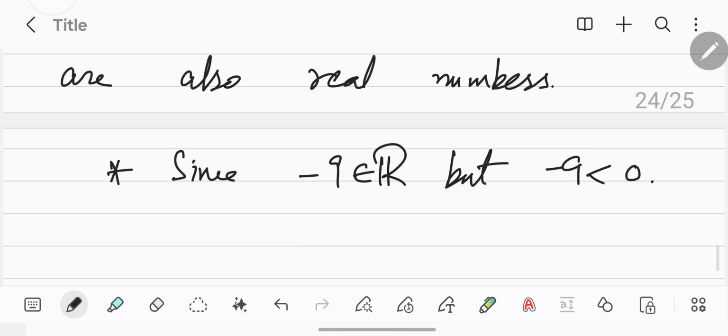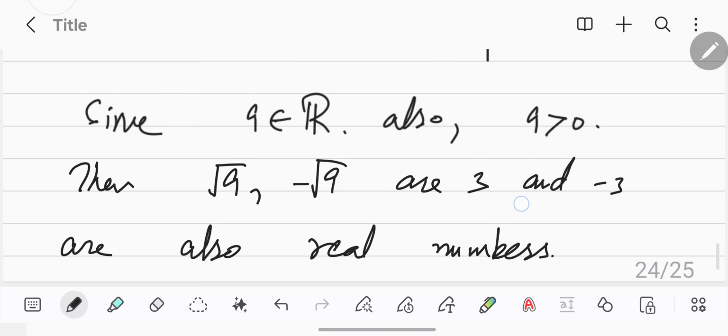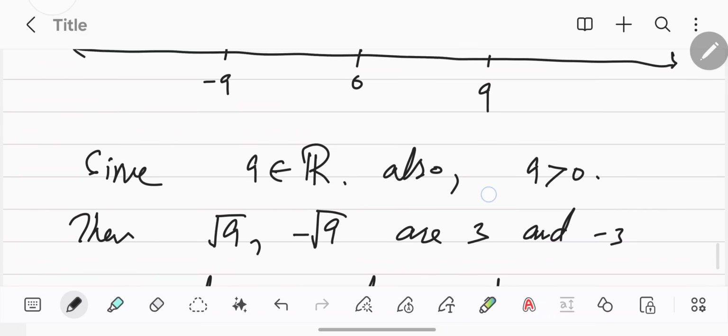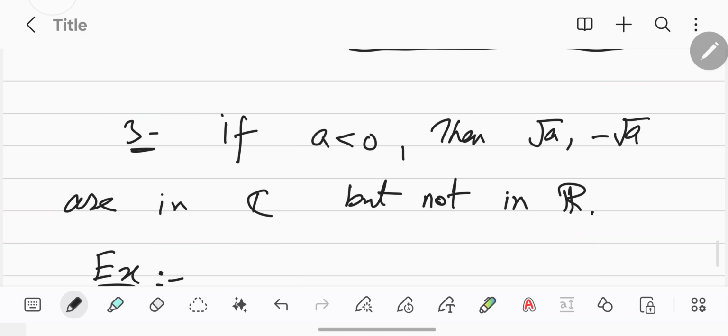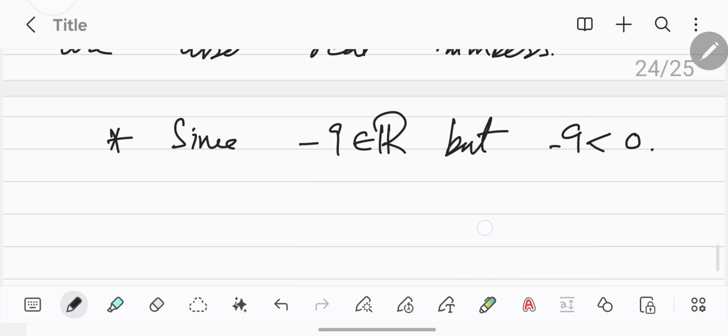In the third category, we said if we take a square root of a negative number, then we are not in R, we will be in C. Let's look at what will happen. Then the square root of negative 9 and the negative square root of negative 9.